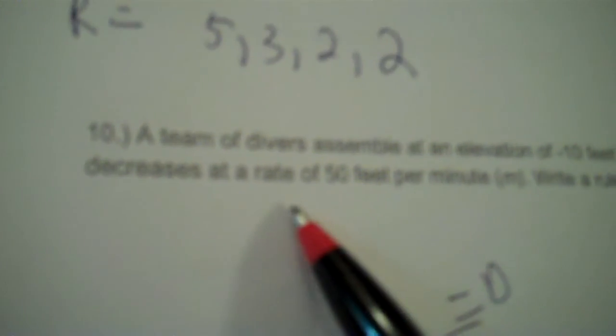You can start at a negative. And then they're adding. Now it's decreasing by 50 feet per minute, so it's decreasing. You have to make your 50 into a negative. Okay, negative 50. You got to read the problem. It's decreasing, it's negative. Feet per minute, so it'd be times m. And there's your equation. So negative 10 plus negative 50 times m equals d.